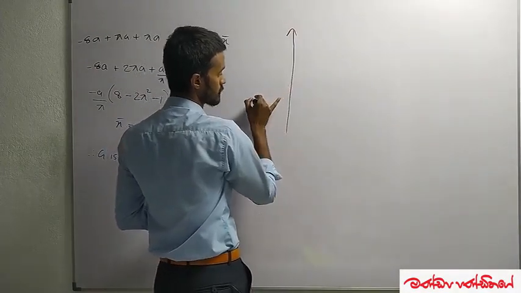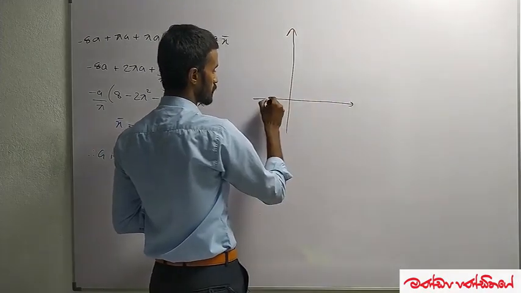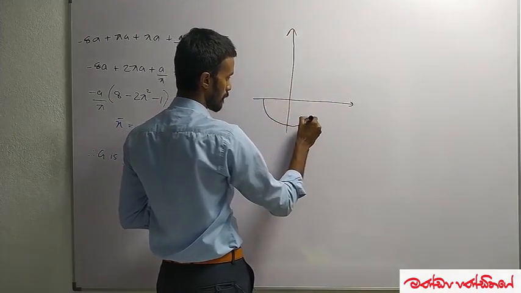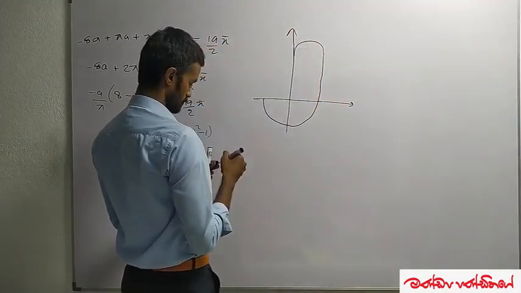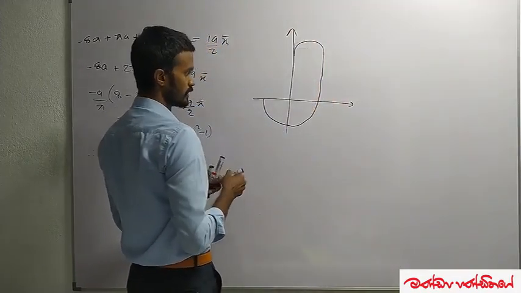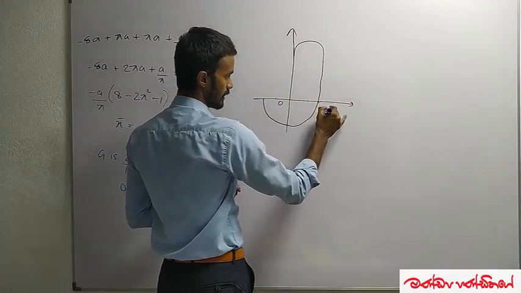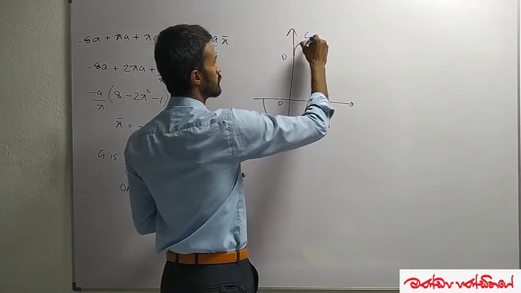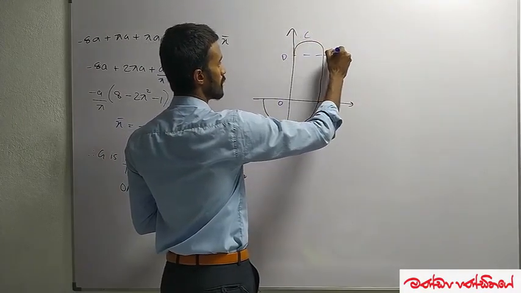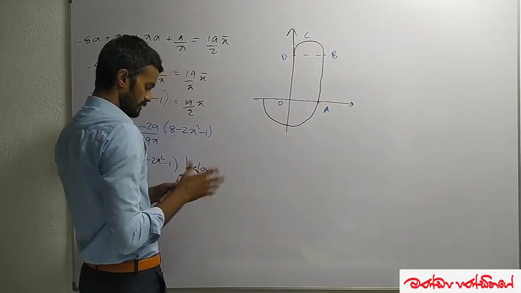So I can get something like this. This is my spoon, and it goes like this. So we have O here, we have A here, D, C, and B.